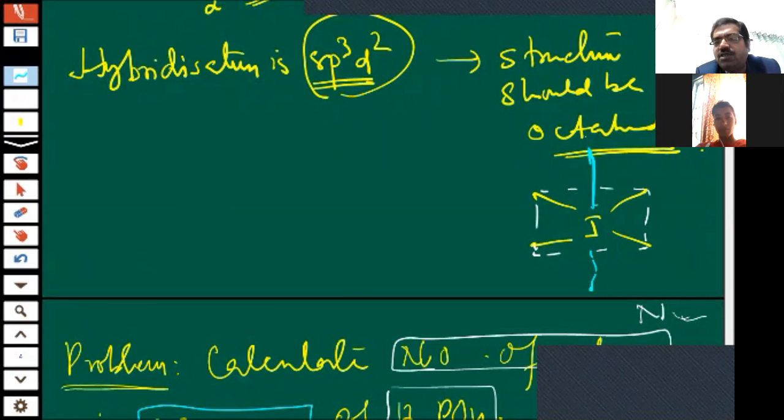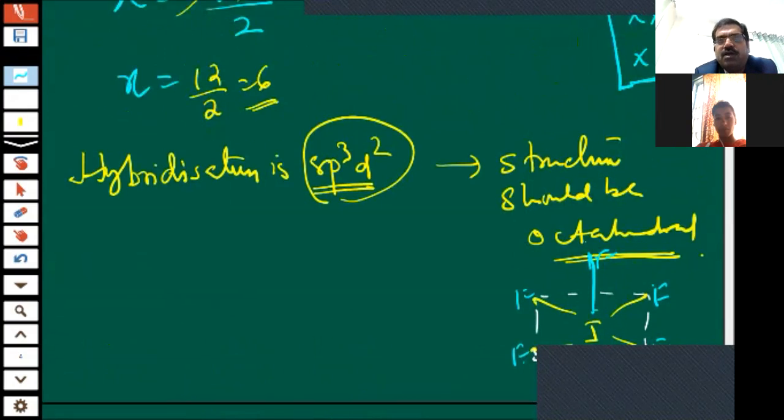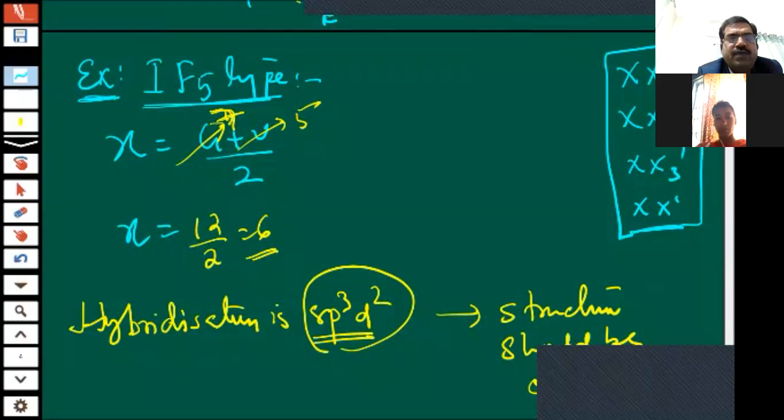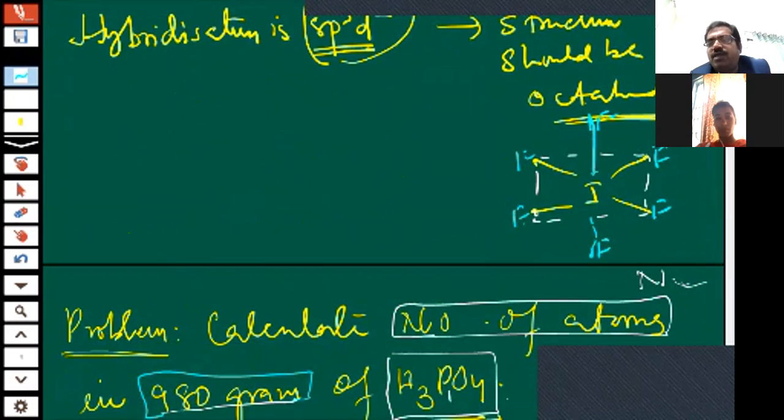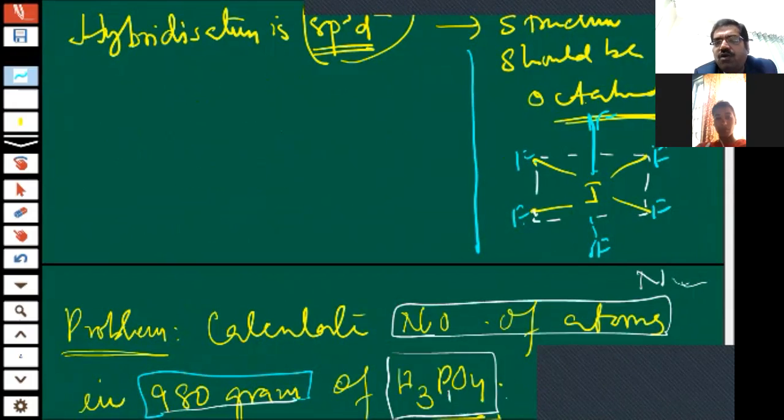So how much fluorine do we need? We need F, F, F, F, F, F, six fluorine atoms, 1, 2, 3, 4, 5, 6. But you can see only 5 are there, so some problem will be there. For that, valence shell electron pair repulsion theory plays an important role.